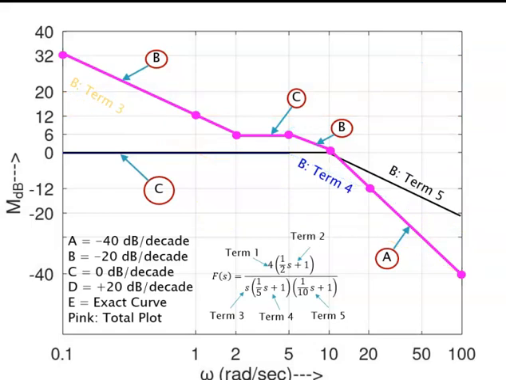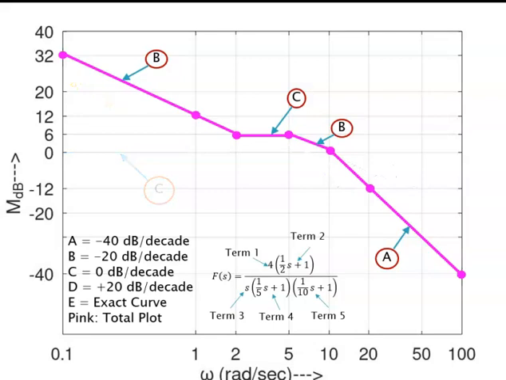Okay, all these terms disappear slowly one after the other, and you're left with this ABC. Okay, we'll show the exact plot on this just to give us a little bit of confidence that this BAMP, body asymptotic magnitude plot, is really useful.